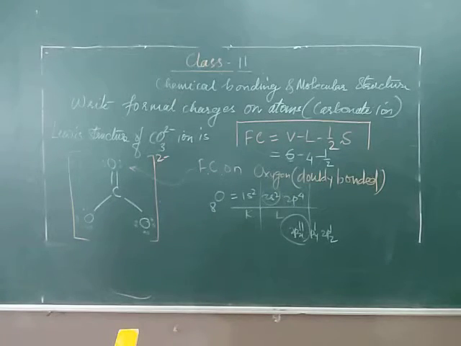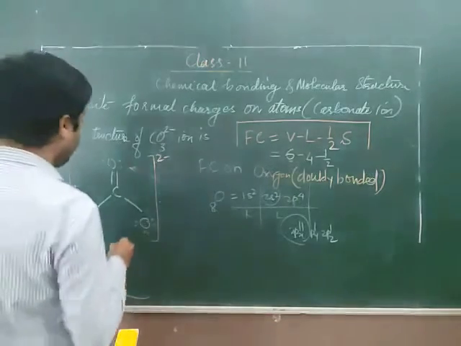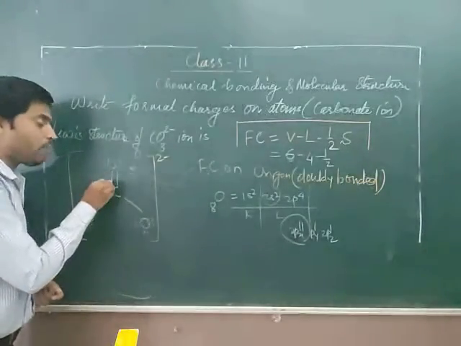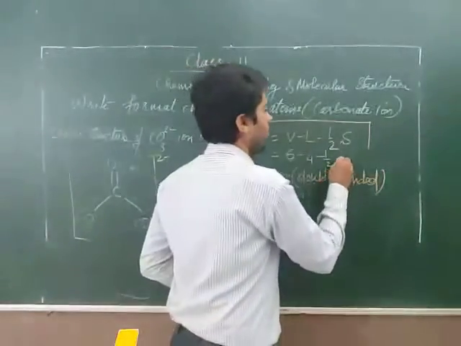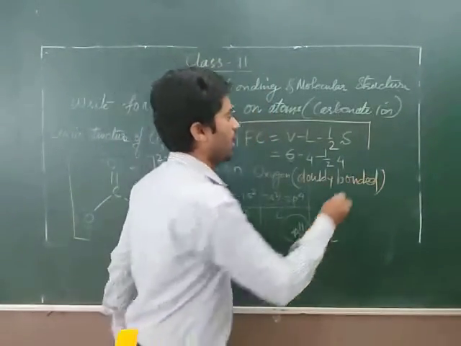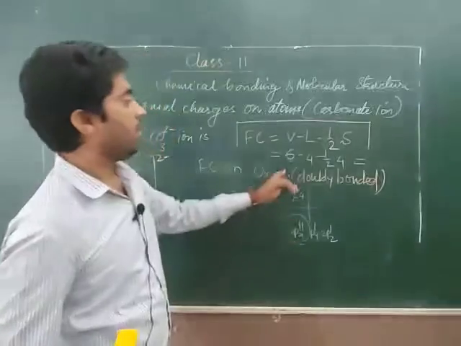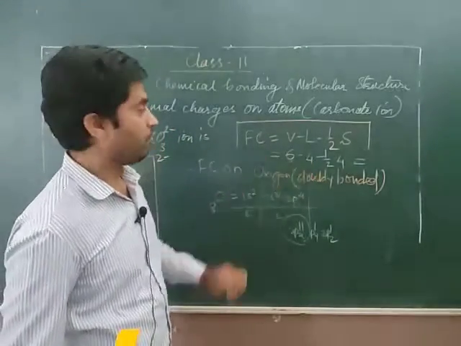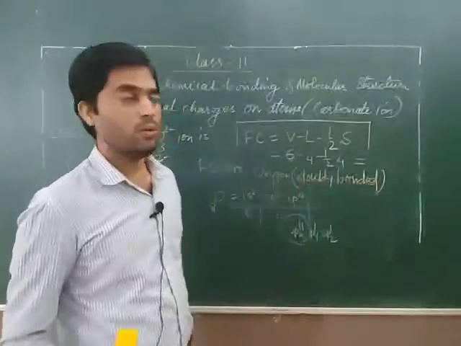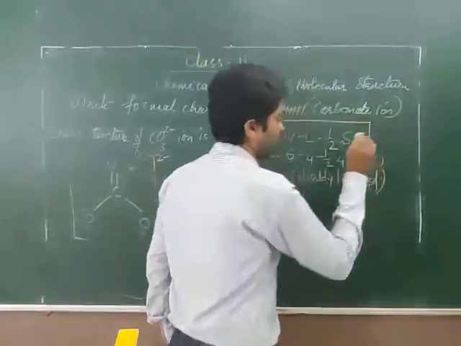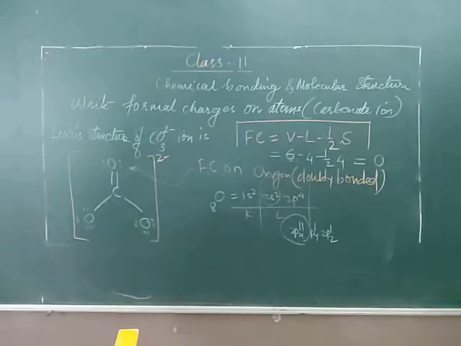Looking at the structure, 1 bond means 2 electrons, 2 bonds mean 4 electrons. Now calculate: 6 minus 4 is 2, and half into 4 is 2, so 2 minus 2 is 0. This is the calculation of the formal charge on the double bonded oxygen atom.